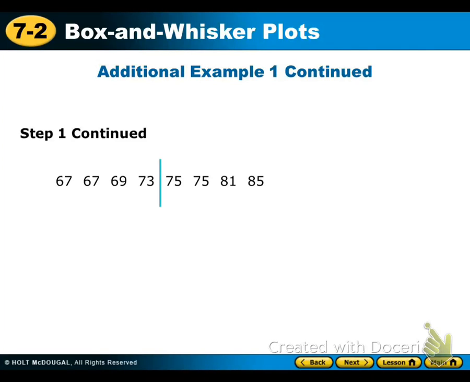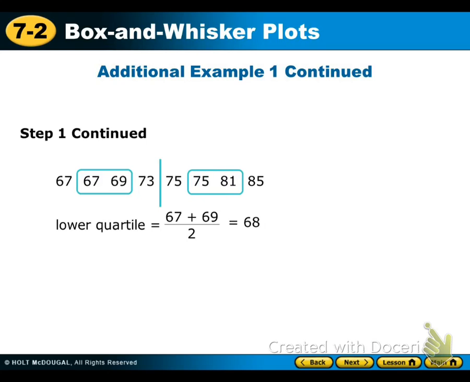Now, we've divided our numbers in between the median, and we've circled the median on both sides of the entire set's median. So the lower quartile, its median is 68.